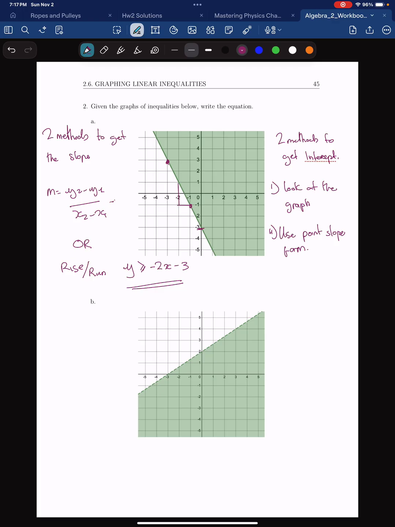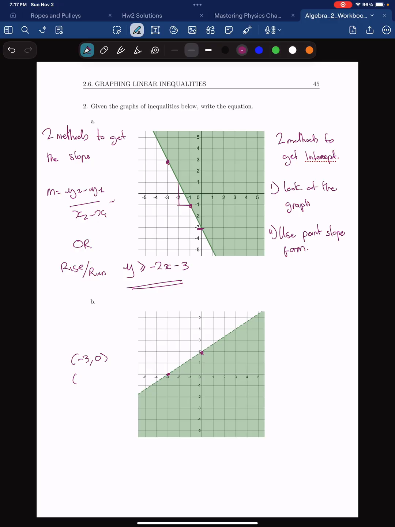If I do this one, well, same thing, even though it's dashed. I get 2 points. I'm going to use m equals y2 minus y1 over x2 minus x1. So let's see, I have a point here: my x is 0, my y is 0, and my x is negative 3, y is 0. What other point can I get here?